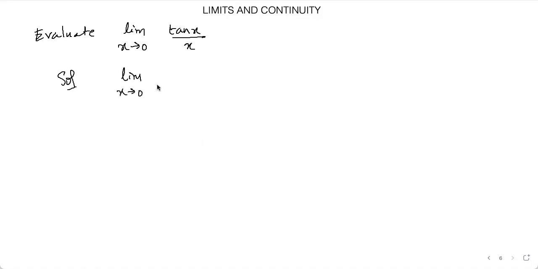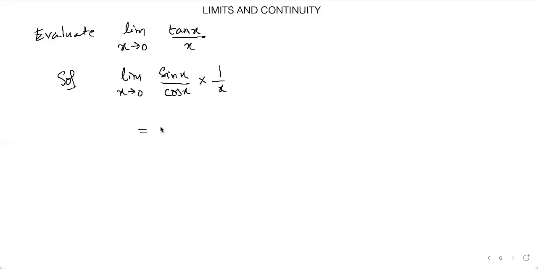Okay, so let us evaluate the limit x tends to 0 of tan x by x. Let us find. Tan can be written as sine x by cos x, times 1 by x.